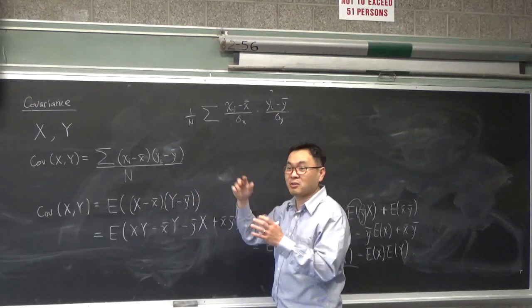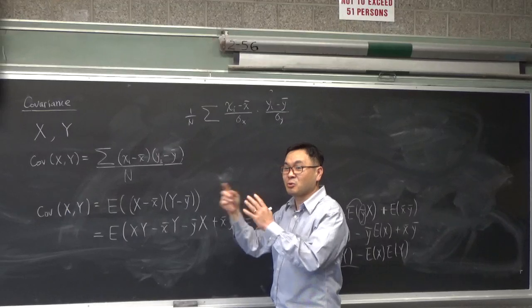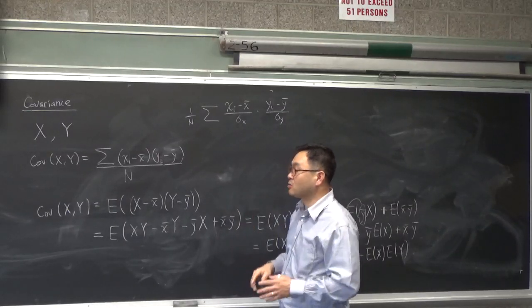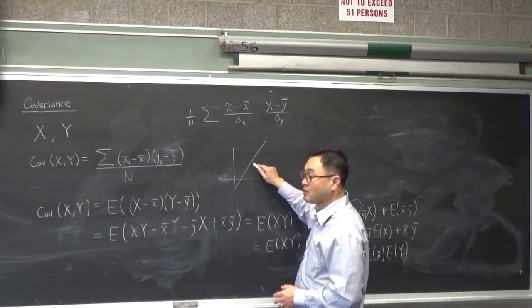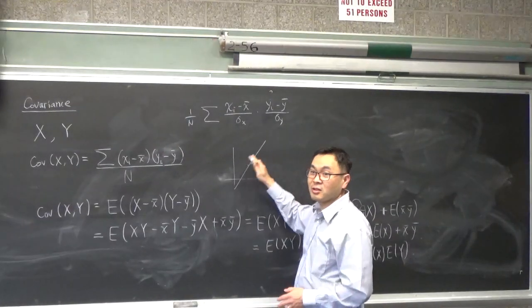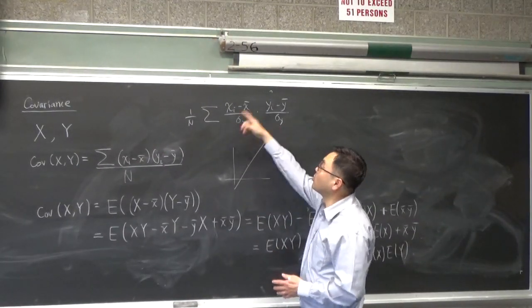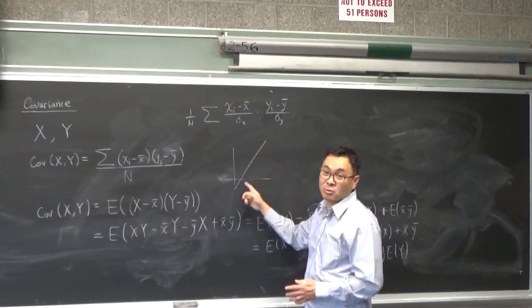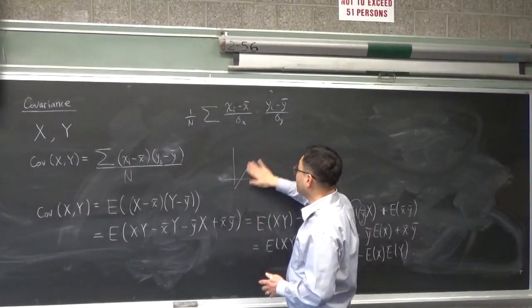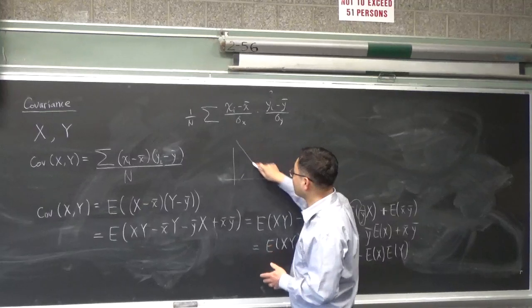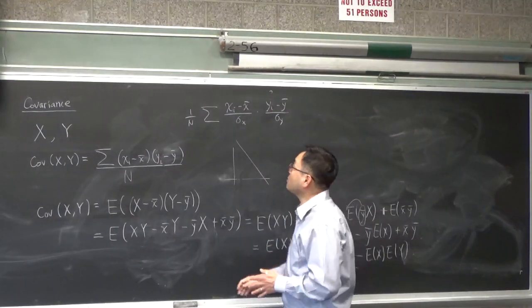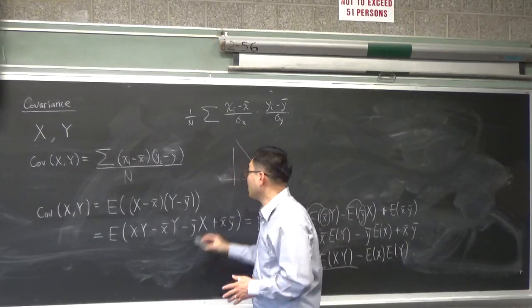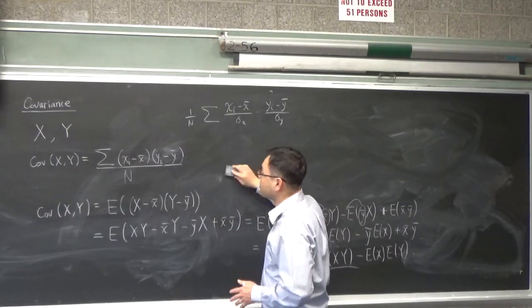Like there's no error, it's always a fixed relationship between them. Okay? So if the scatter plot is entirely on a straight line, then this quantity will be exactly equal to 1. And also, if it's a straight line going this way, then this quantity will be exactly -1. So this quantity is what's called the correlation coefficient R.